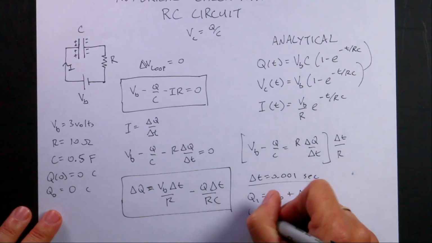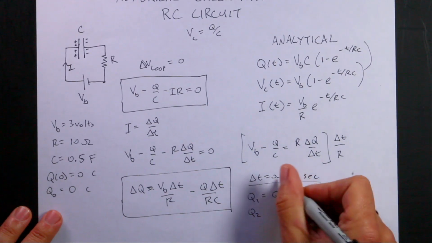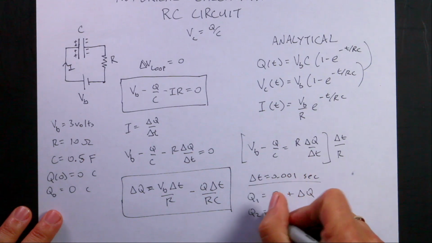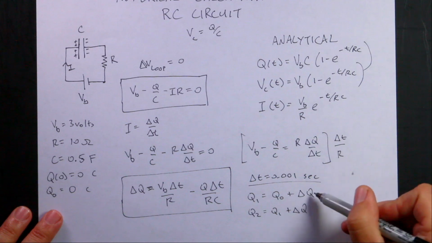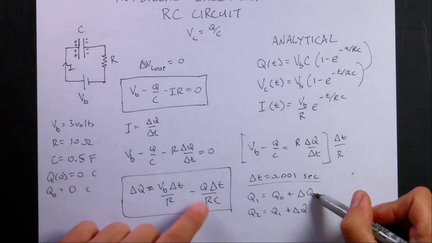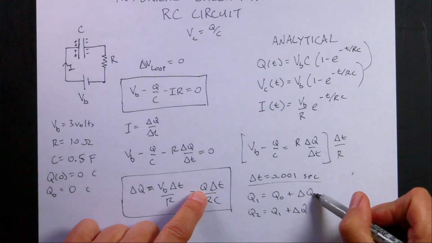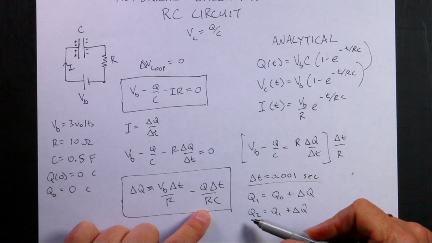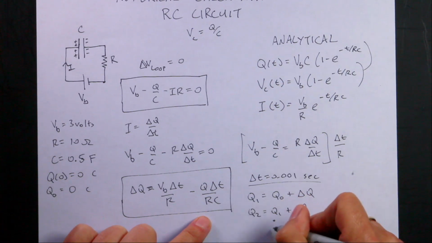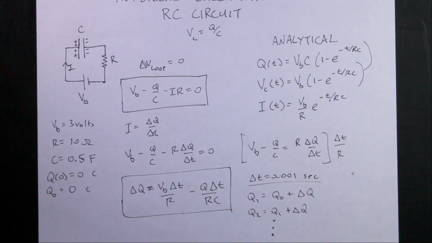I can find the charge after the next 0.001 seconds as equal to Q1 plus delta Q. But in this case, I'm using Q0 right here, and right here I'd be using Q1. So I'm going to recalculate delta Q and then find the new Q2 and then keep doing this forever, or until I get bored, or until I want to stop, whichever one it is.